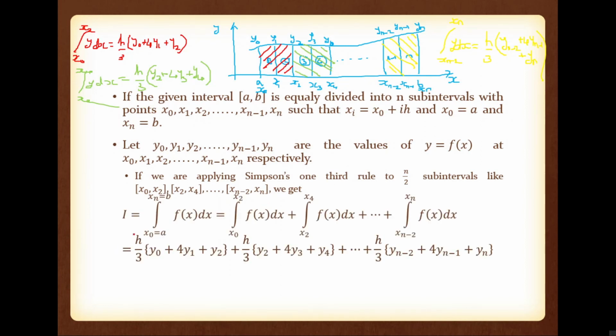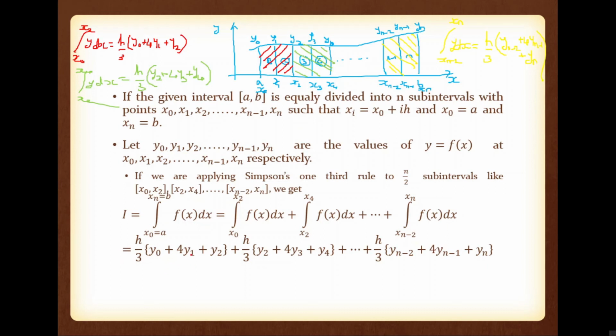So I is equal to integral x0 to xn, that is a to b, f of x dx, is equal to integral x0 to x2 f of x dx plus integral x2 to x4 f of x dx plus etc. plus integral xn minus 2 to xn f of x dx.